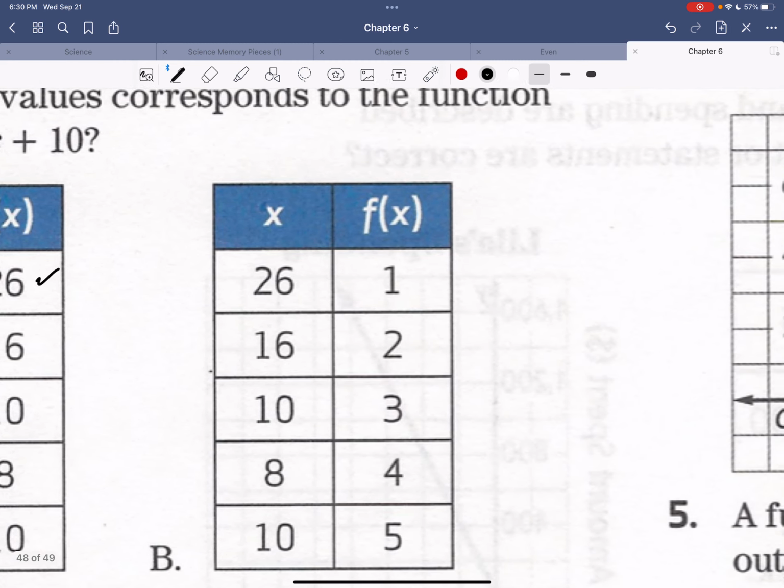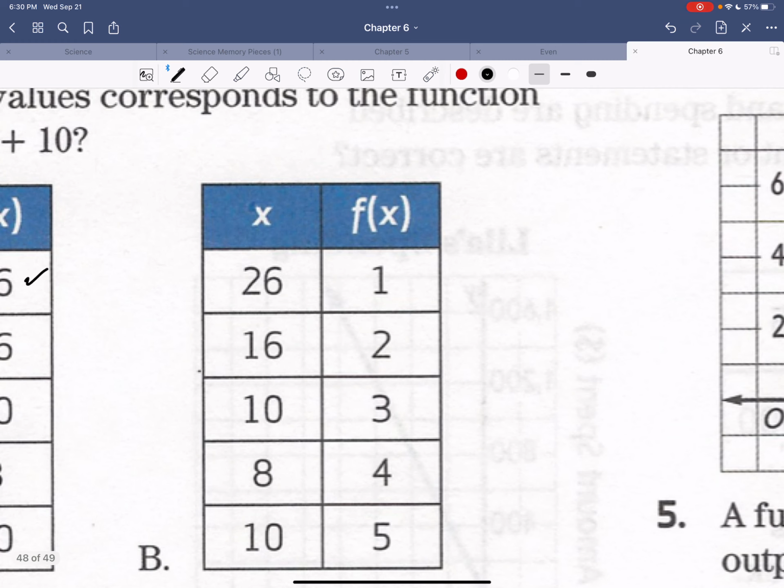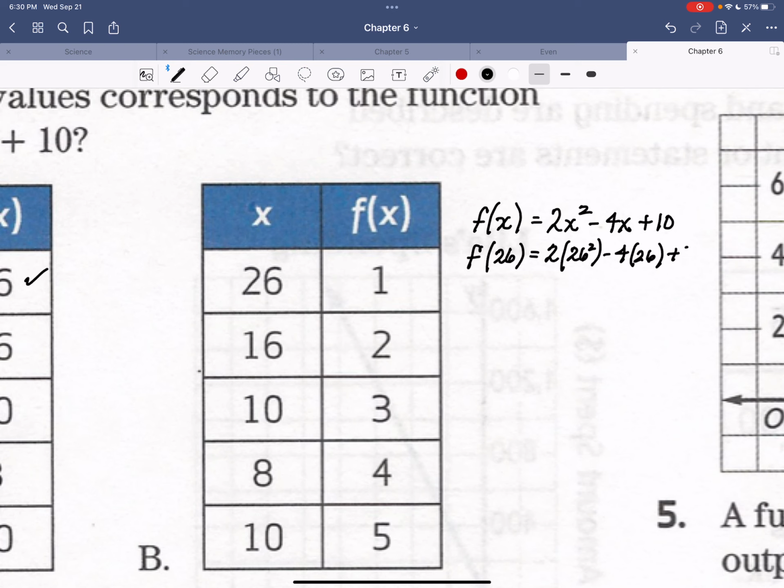Okay, let's look at B, where we have the same function that we've been given. And this time I'm going to try a 26 for x. I'm not real hopeful that this one's it, but we'll see. We can't assume. So 26 squared, I have no idea what that is.